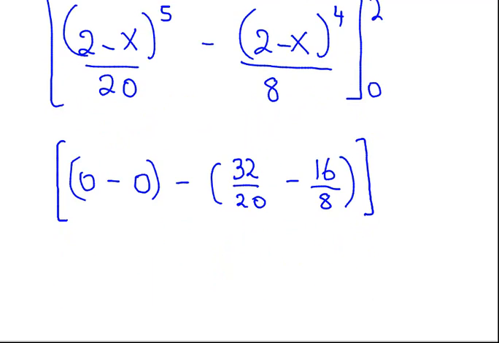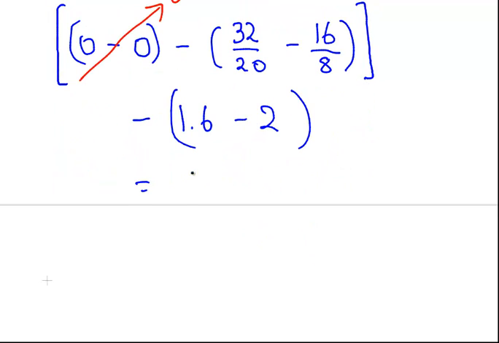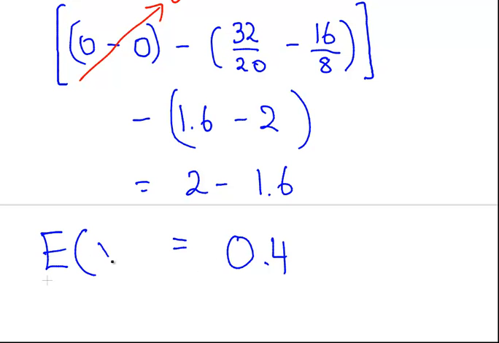So that side entirely cancels out. Going a little further, what we get is minus 1.6 minus 2, or in other words 2 minus 1.6, and that's equal to 0.4. So the expected value of x is equal to 0.4. That is the answer to the first part.